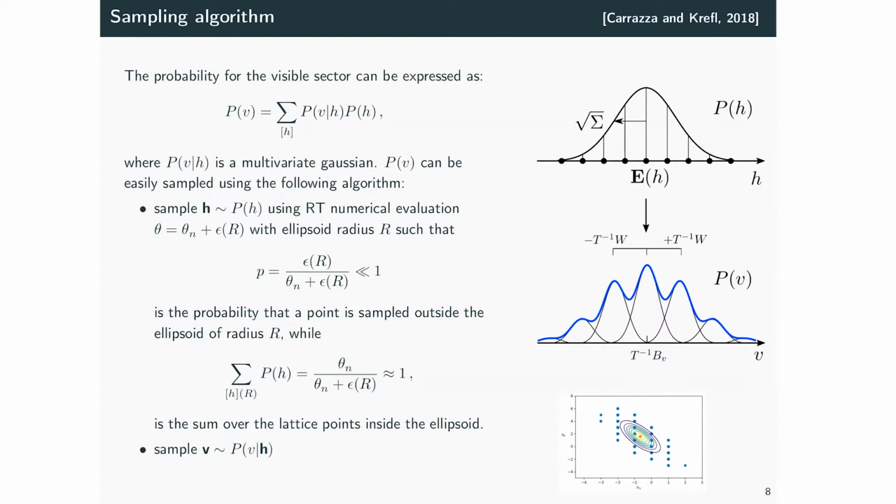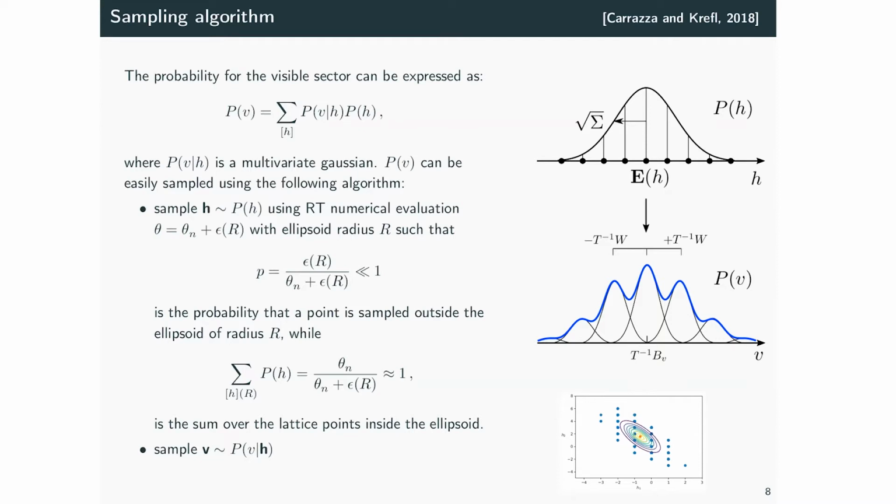In particular, it can be shown that if we fix a value of the ellipsoid radius r, which is the points over the integer lattice where we are summing over some appropriate radius r, the probability of finding a point outside this ellipsoid will go to 0, and we recover that the sum over the different points h in this ellipsoid would be roughly 1.